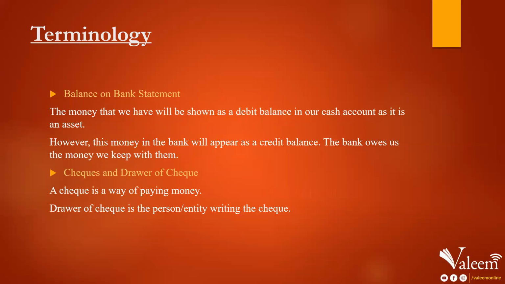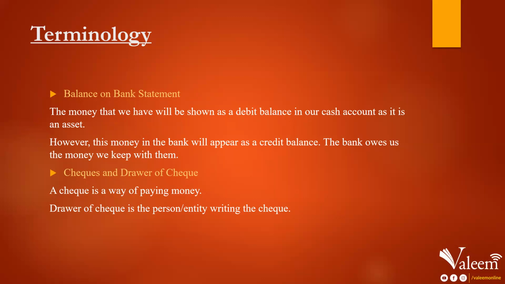So if we move on to talking about terminology, now balance on the bank statement. Cash for us is an asset. So obviously on our cash book, it will appear as a debit balance. However, if you see a bank statement and it says that we have $5,000 of a credit balance, does this mean that we have an overdraft?